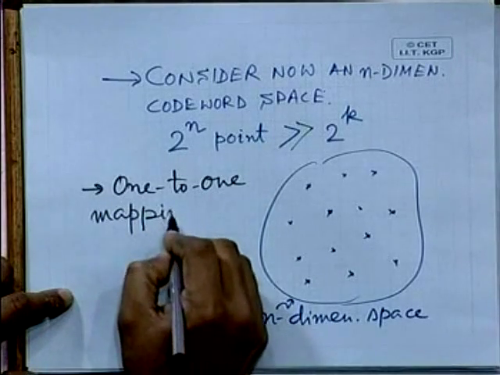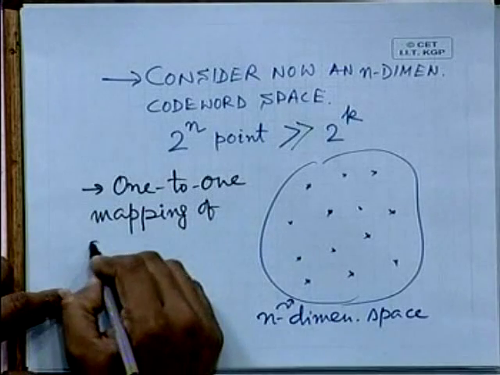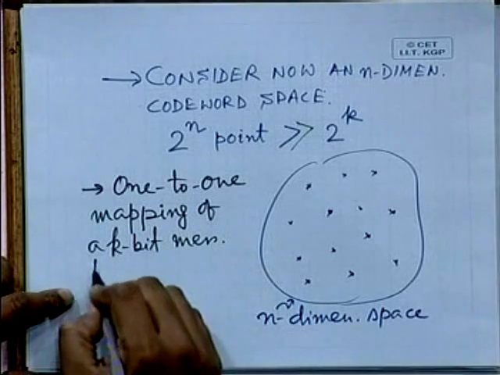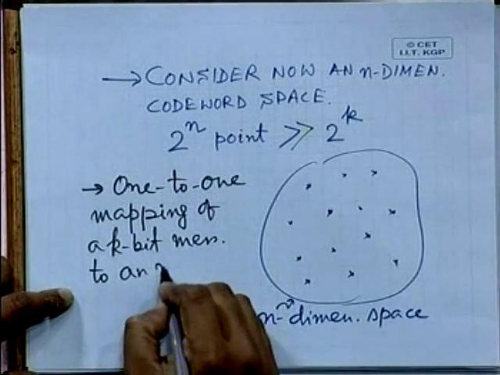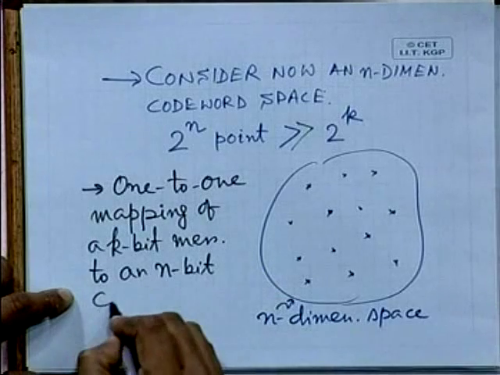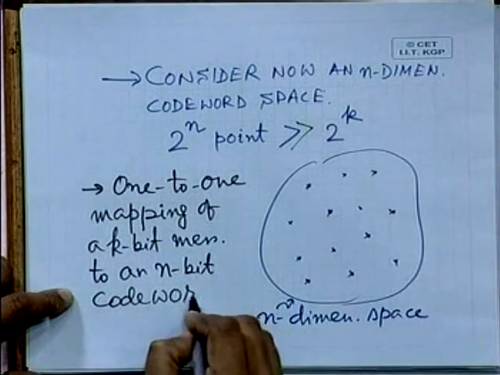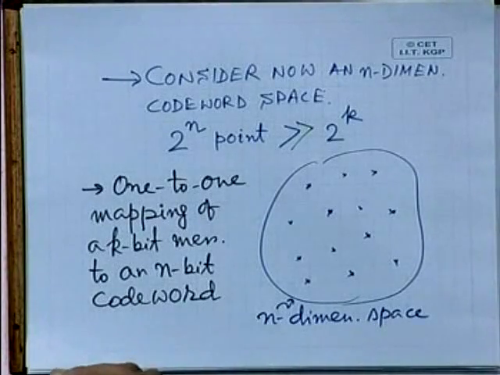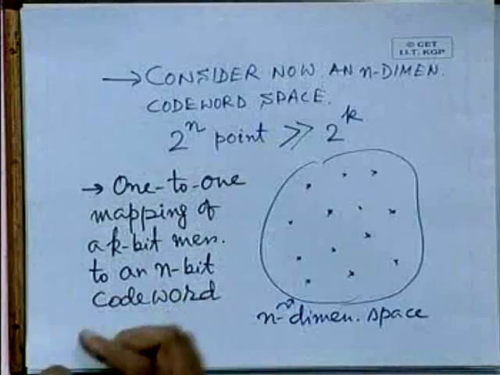Would you like this one-to-one mapping of a k bit message to an n bit code word, that a particular pattern of k message bits should result in a specific n bit code word? Why? Otherwise there will be a problem, the decoding will not be unambiguous. So this one-to-one mapping should be there.